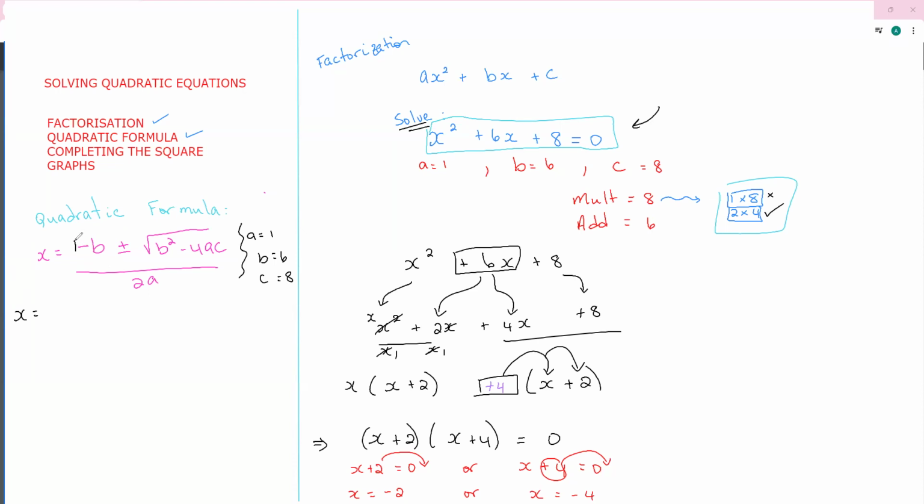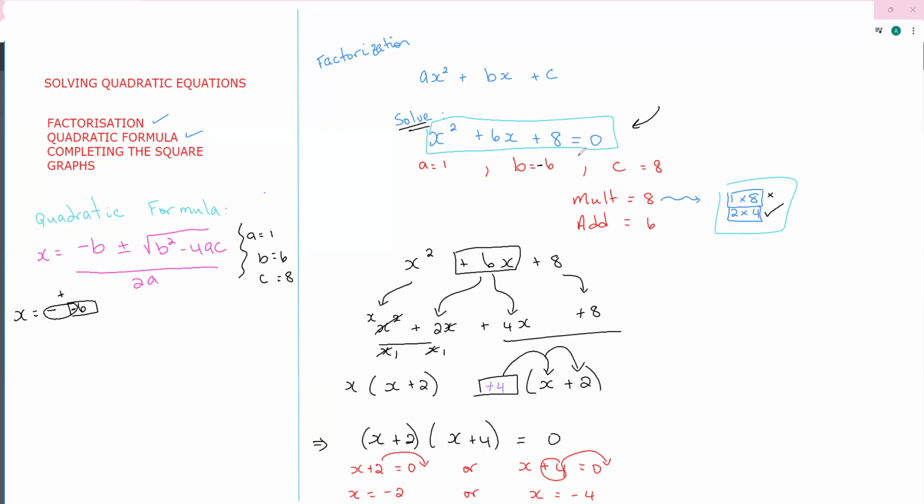A lot of students, their downfall is with this negative b. But remember, it is negative of whatever is the value of b. So in this case, b is 6. What that means is that if it was the case that b was negative 6, then it will be negative of negative 6, which becomes positive 6, right?